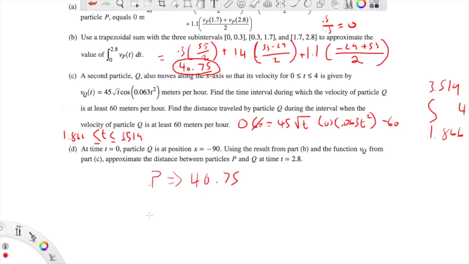And now we've got to figure out where Q is going to be, and that's going to be its initial position, negative 90, plus the integral from 0 to 2.8 of this function, V Q of t.